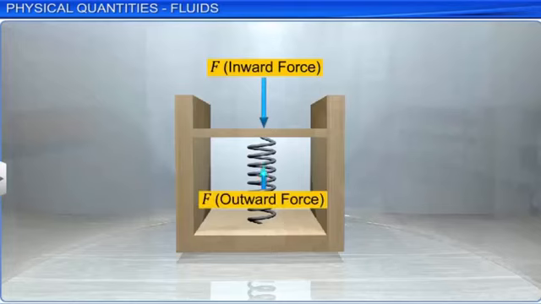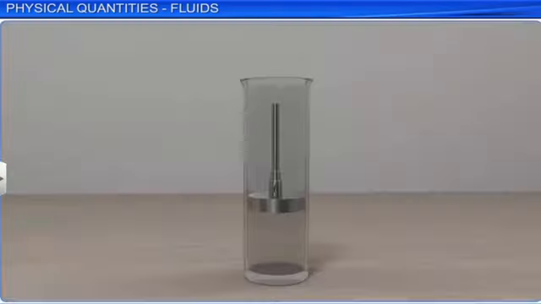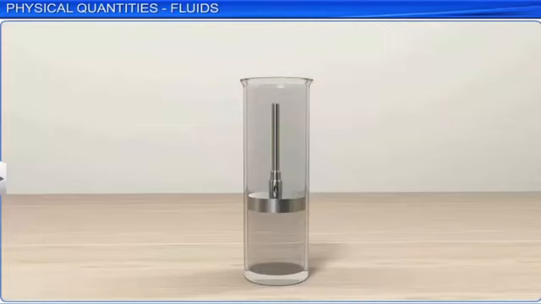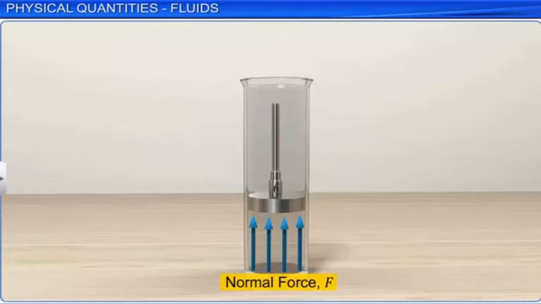Let us now learn how to determine pressure. If F is the magnitude of the normal force acting on the piston of area A, then the average pressure, P_AV, is defined as the normal force acting per unit area.